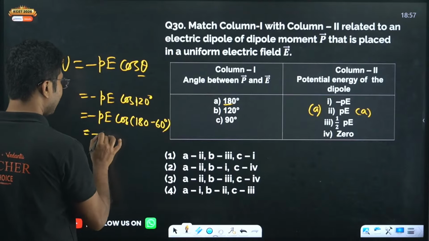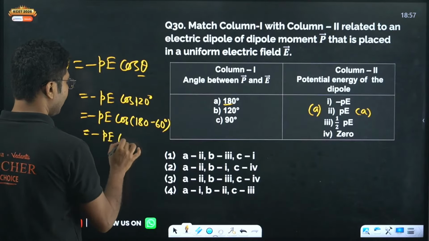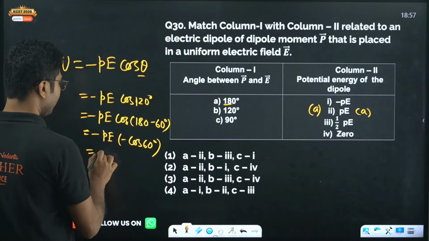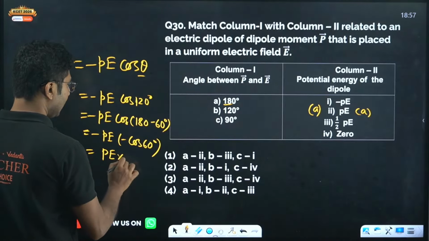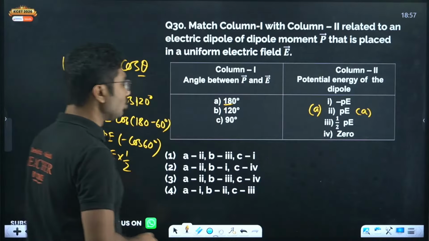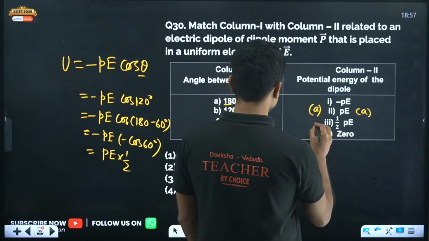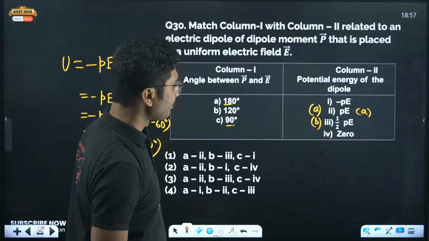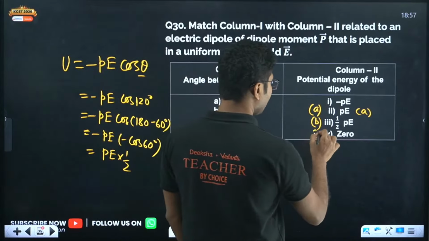So you will get minus PE into minus cos 60, so it will be PE into half, so PE by 2. 120 degrees gives PE by 2, so this must be B. And at 90 degrees it is 0.